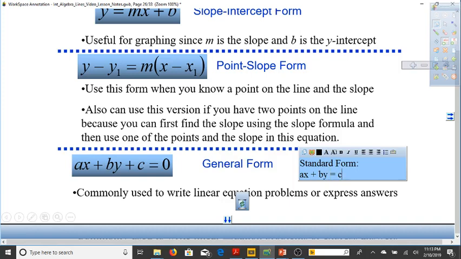All right, so that is standard form. The only real difference between general form and standard form is whether the constant is on the right side or 0 is by itself. And sometimes they look exactly the same.